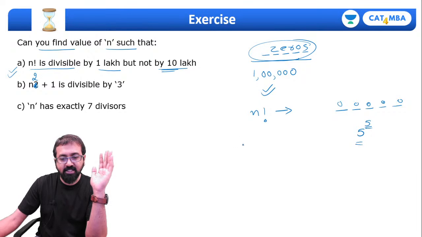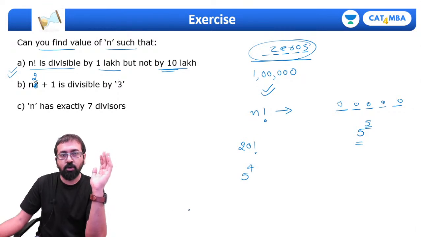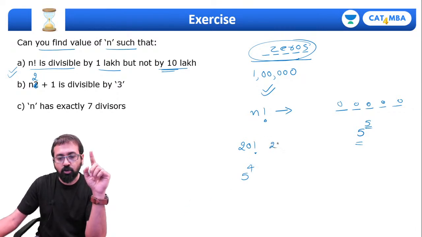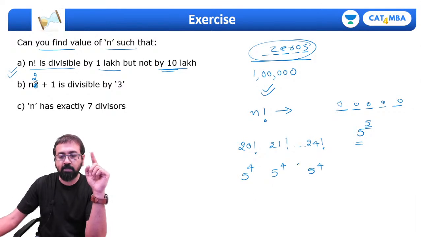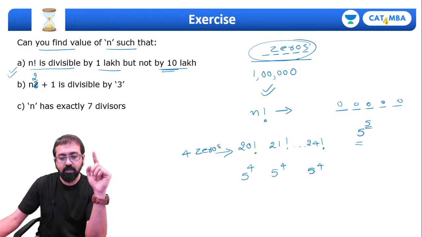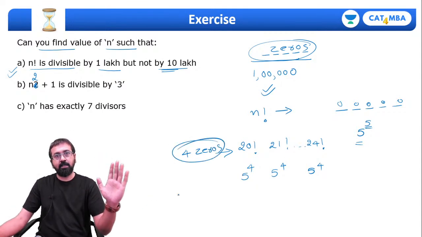If I take 20 factorial, what is the power of 5 in 20 factorial? Of course, it's going to be 4. If I take 21 factorial also, the power of 5 will remain 4. 22 factorial, 23 factorial, 24 factorial, all of these have the power of 5 as 4 only. That means all these numbers are going to end with only 4 zeros. Yes or no, everyone? Are you with me?